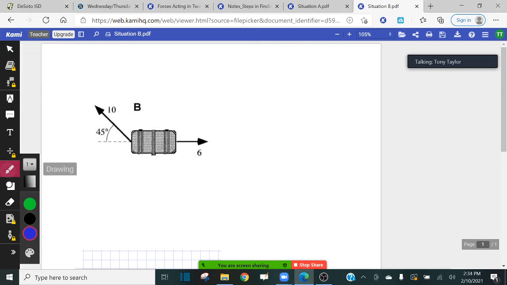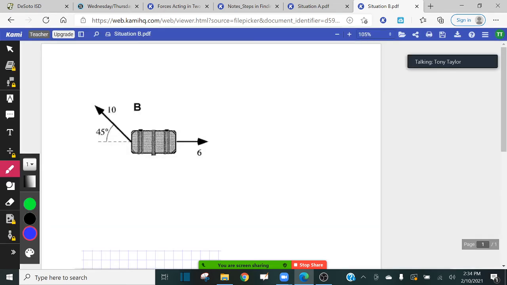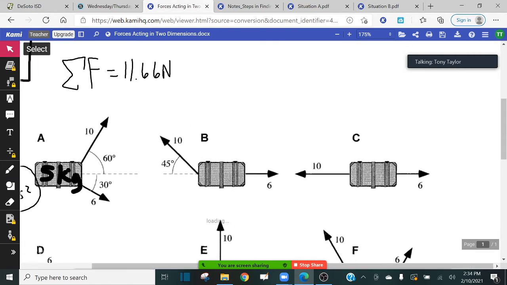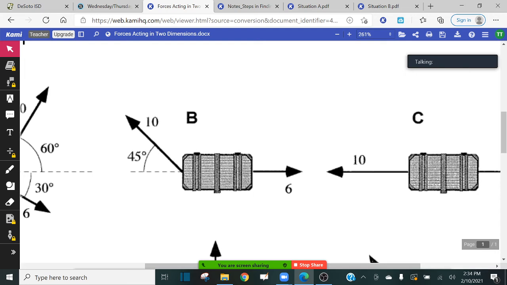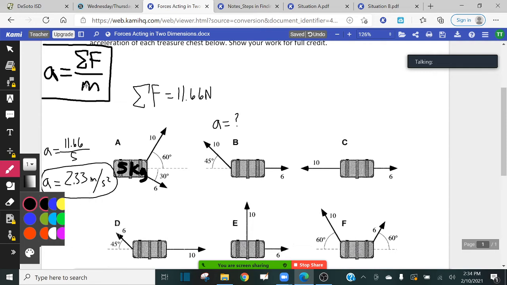And remember what our goal is, guys. Our goal is to solve for the magnitude of the acceleration in situation B. Remember, before we can solve for acceleration, we need to solve for net force first.